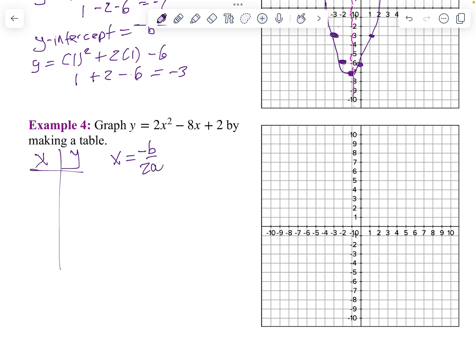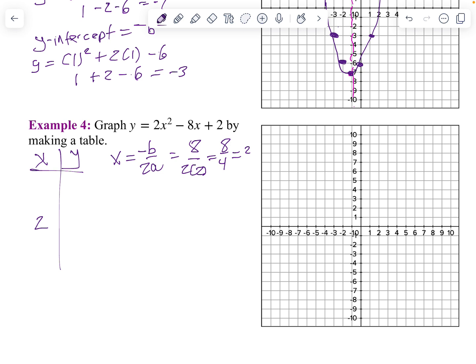Well, now b is a negative 8, so that makes it positive 8, doesn't it? So it'll be 8 over 2 times 2. So 8 over 4, which is 2. What I'm going to do is put my axis of symmetry right in the middle of my table. So that's going to give me enough information.